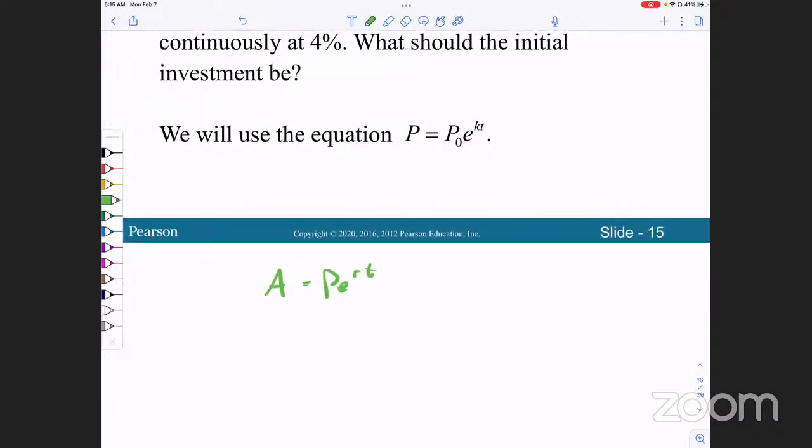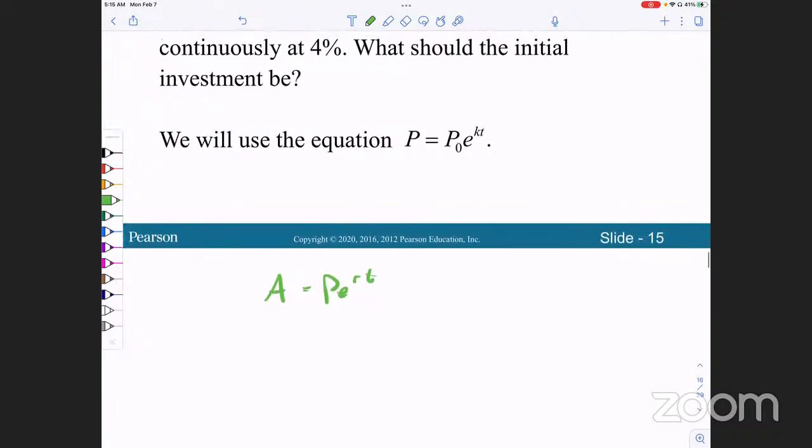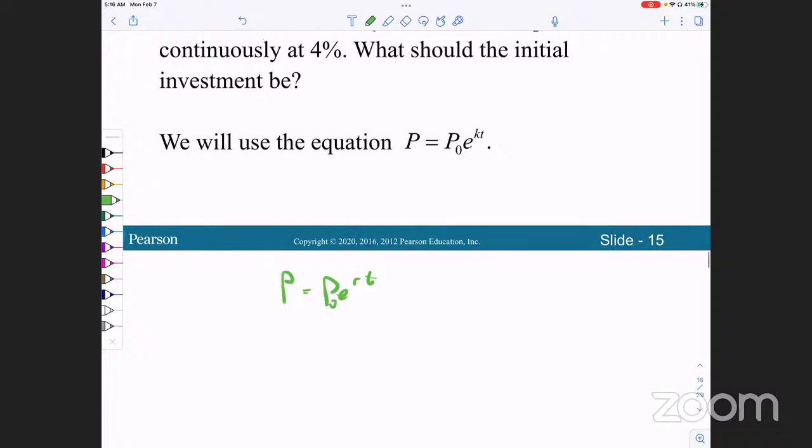We can still plug it in and use this form. They give it to us here, right? But this is fine. I'll just use their notation. The future amount equals this.